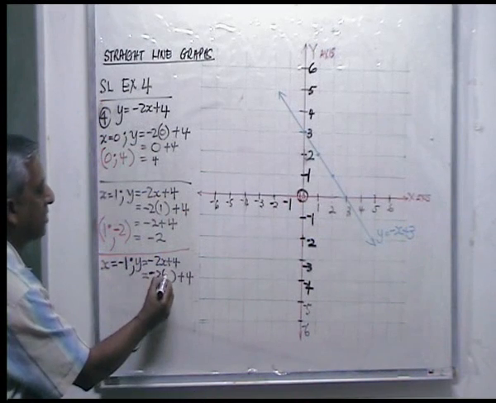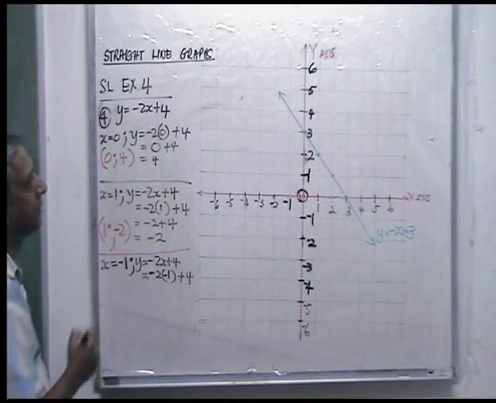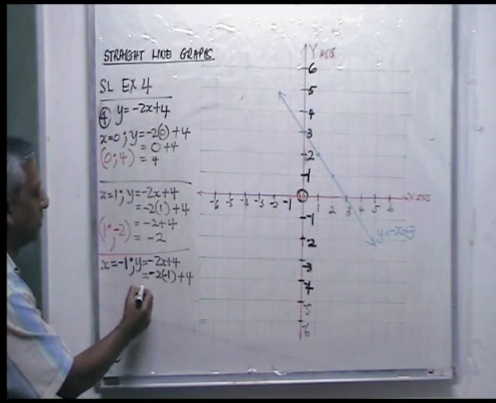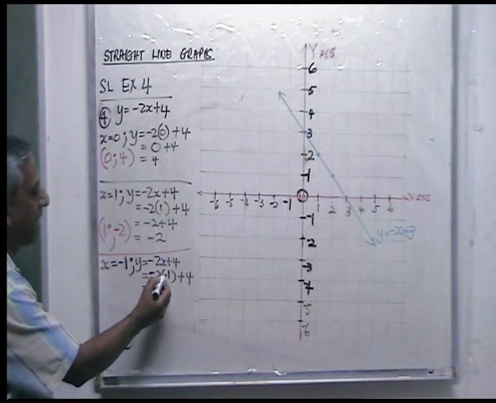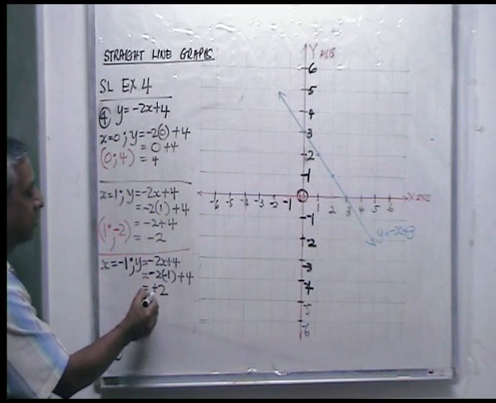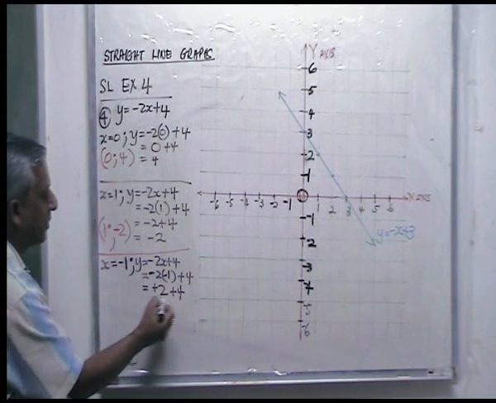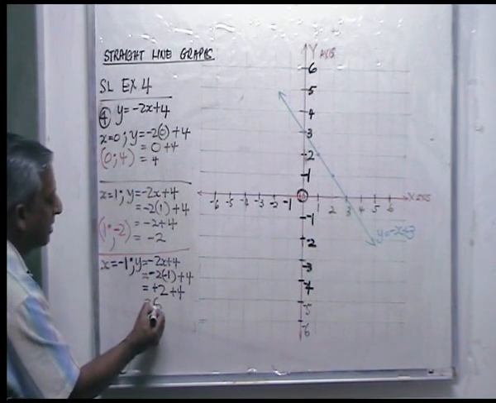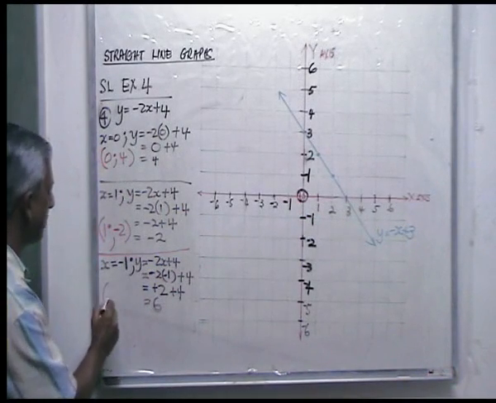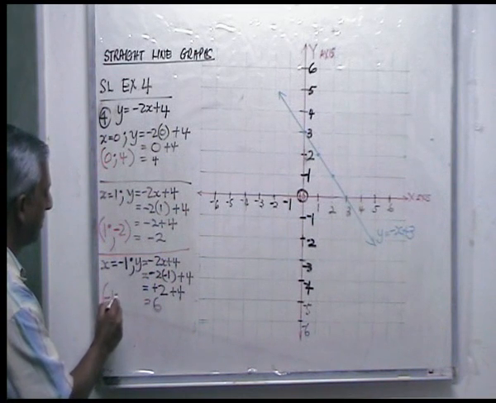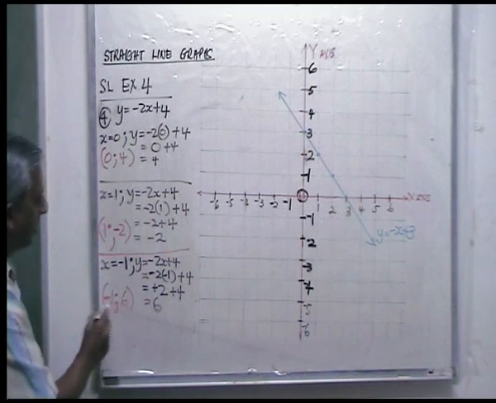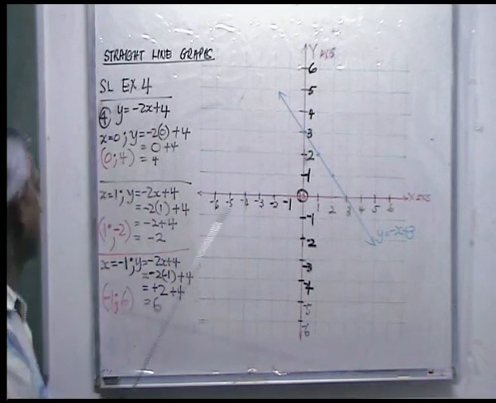Now, minus 2 times minus 1 gives you plus 2. Plus 4, and the final answer is 6. So your third ordered pair is actually minus 1 and 6.